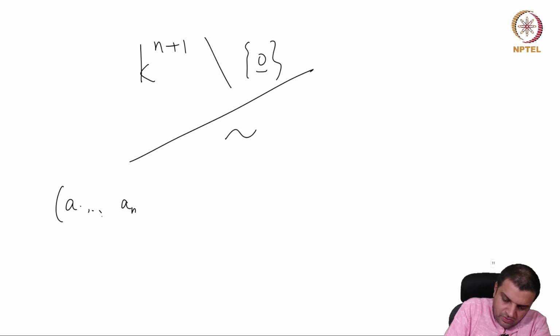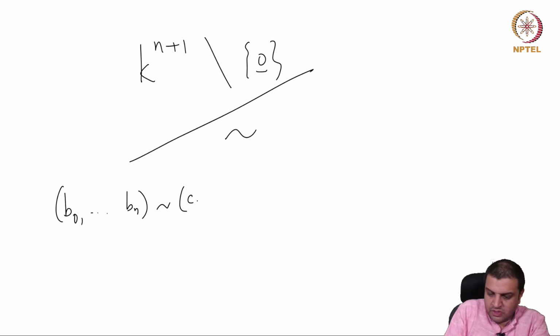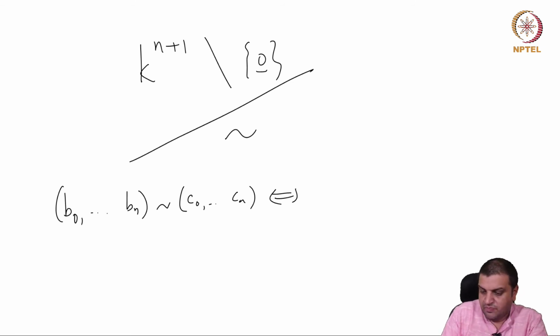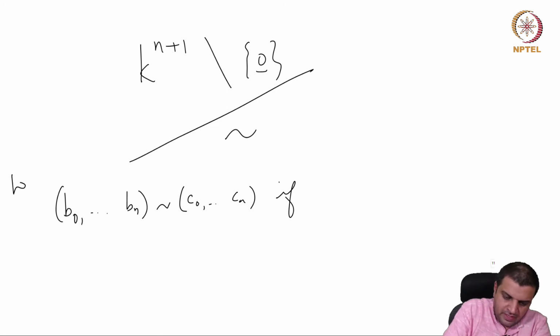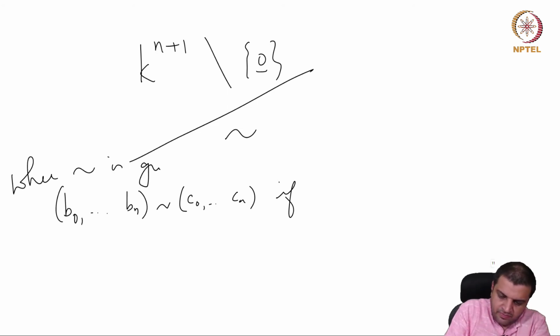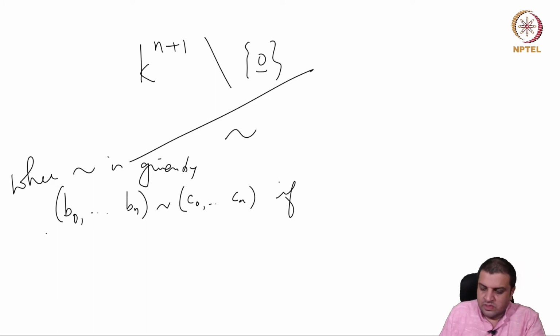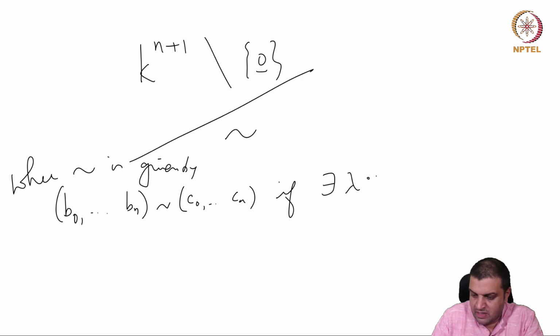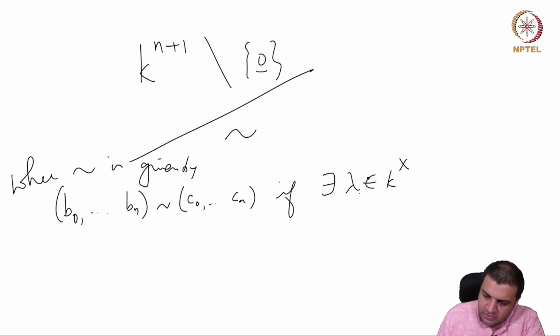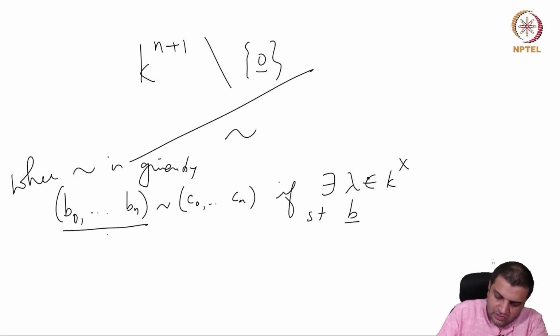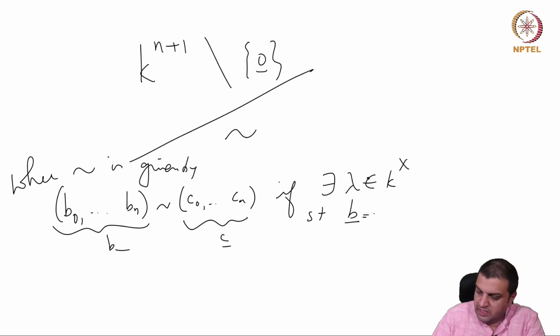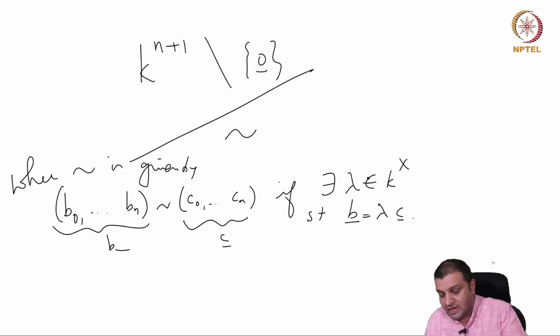To not confuse with the previous a's, let's call these things B0 through Bn, which is equivalent to C0 through Cn if and only if there exists some lambda inside K^×, the non-zero elements of K, such that, calling this vector B and this vector C, B is lambda times C.